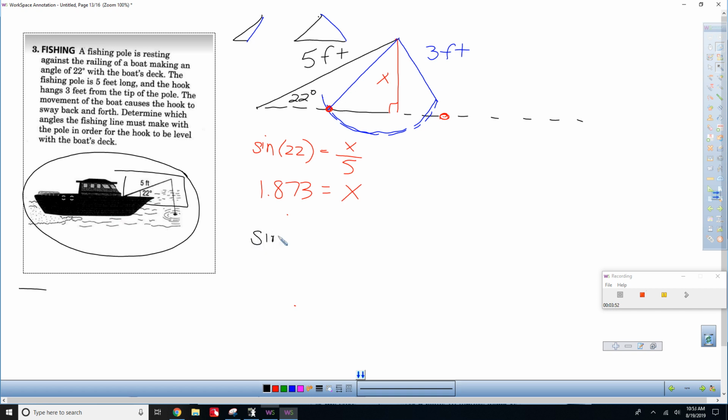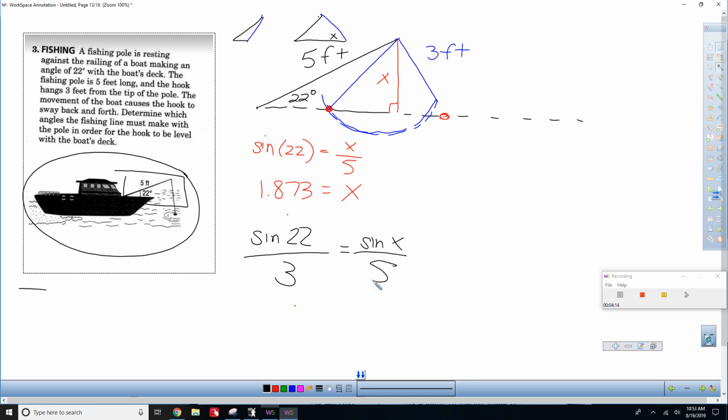Sine of 22 is to 3, like sine of x, x being, I think, that one. It's going to give us the acute angle, as sine of x is to 5.